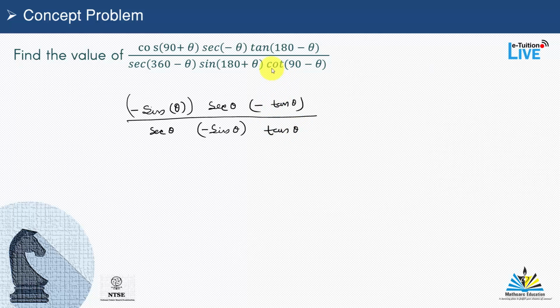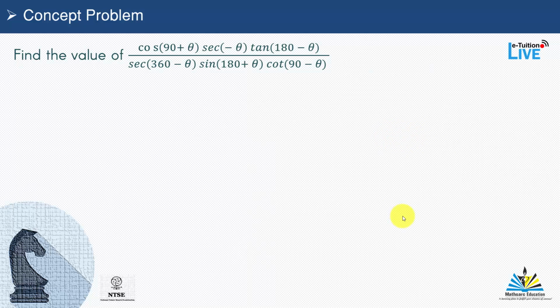This is a change about the y-axis, so cot will change into tan, and in the first quadrant all trigonometric ratios are positive, so this is a positive sign. Now we can cancel them. Sec theta will cancel by sec theta, and minus sine theta you can cancel by minus sine theta, and here you can observe that minus 1 is the answer to this question.